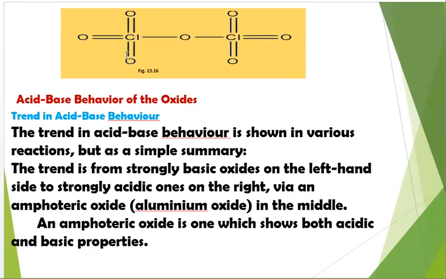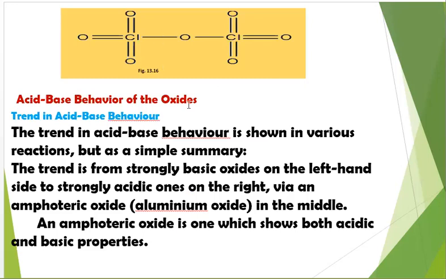The oxides of the metal elements on the left side are basic in nature, while those of the right side elements are acidic in nature. In the middle, aluminium oxide shows amphoterism. It is amphoteric in nature.